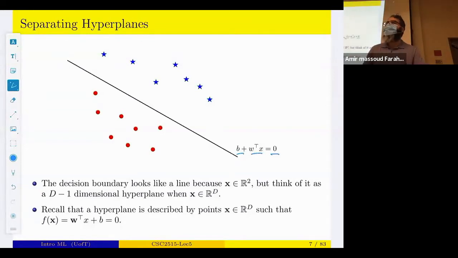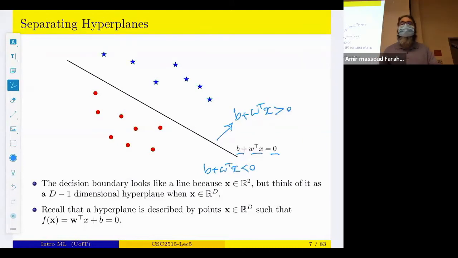So this defines a set of X's, points that are on the line. Then we can say that the points on one side satisfy, for example, positive, and the other side, negative. So this is the geometry of the space and this line.